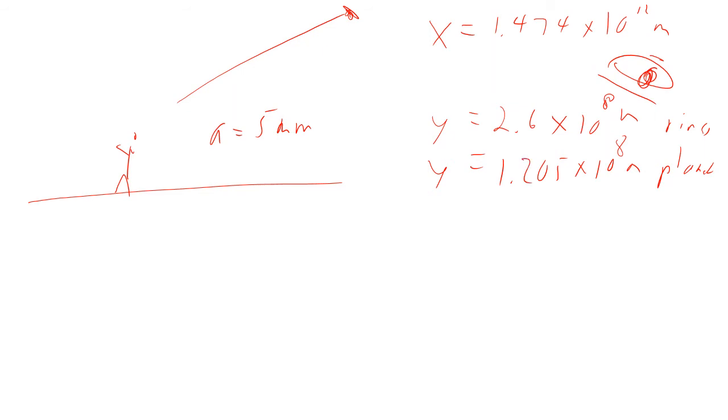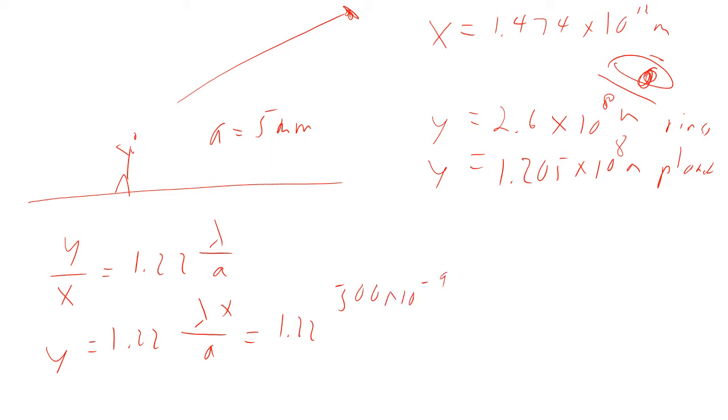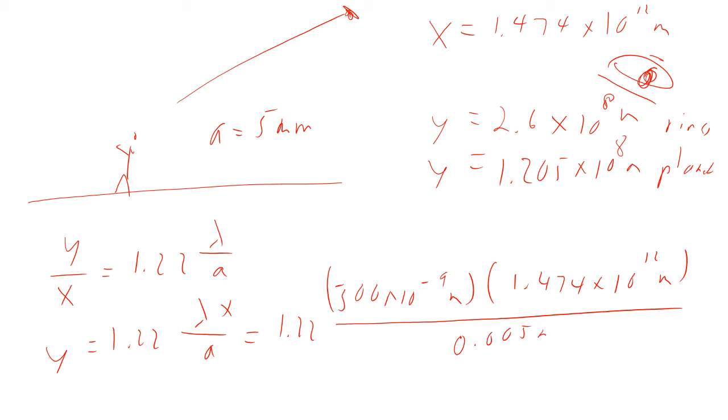So what's the smallest that you could see? The smallest thing that you could see is y over x equals 1.22 lambda over A. So the smallest you'd see is 1.22 lambda x over A. So 1.22 times 500 nanometers times the distance, 1.474 times 10 to the 12 meters, divided by the aperture, 5 millimeters, so 0.005 meters.